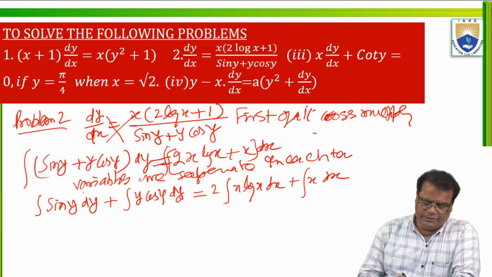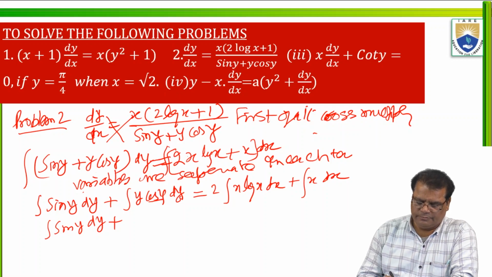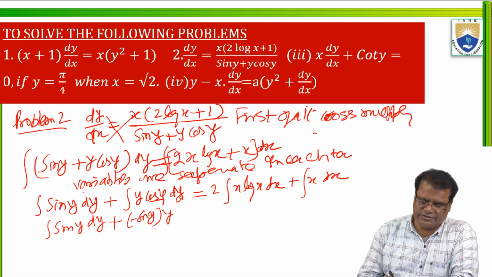Now here this integration I am keeping constant, and I am solving this one. Integration of cos y is sin y. Integration of cos y means sin y. Here y is constant. This is the first function and this is the second function.